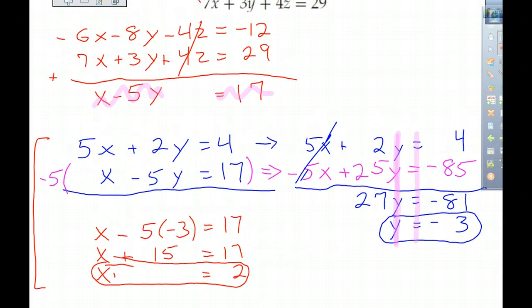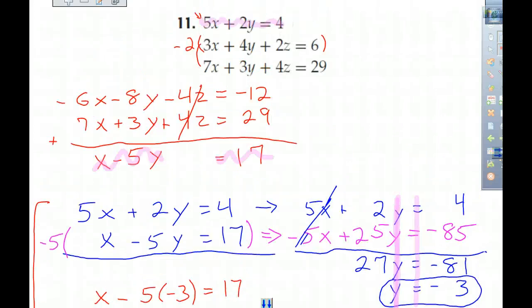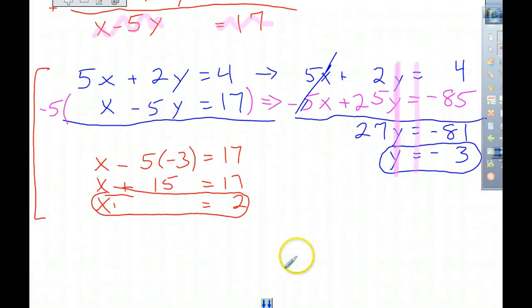Now, take those two answers, x is 2, y is negative 3, plug it into any one you want. Now, really, if you plug it into here, we're going to get what z equals. So we have to really pick one of these two, so we have to get z. Second equation.